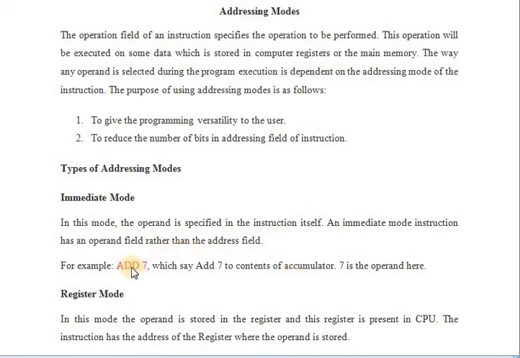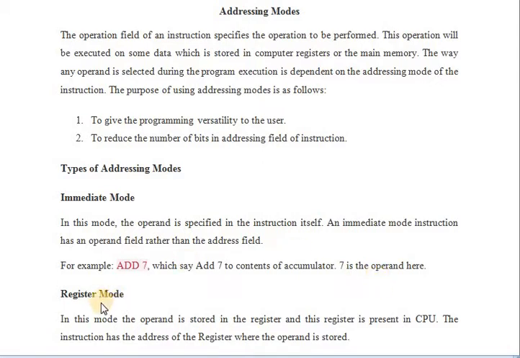Here add is an instruction, 7 is an operand. That is what they are saying, which says add 7 to the contents of accumulator. 7 is the operand here.